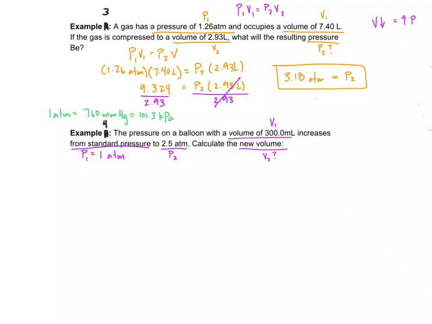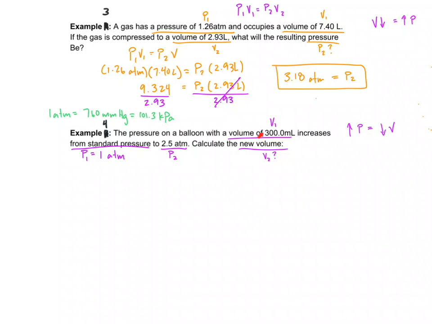So let's take a look at it. I've got a starting pressure of 1 atmosphere, and it's increasing to 2.5. So your pressure is increasing. Based off of Boyle's law, if the pressure goes up, your volume has to go down.